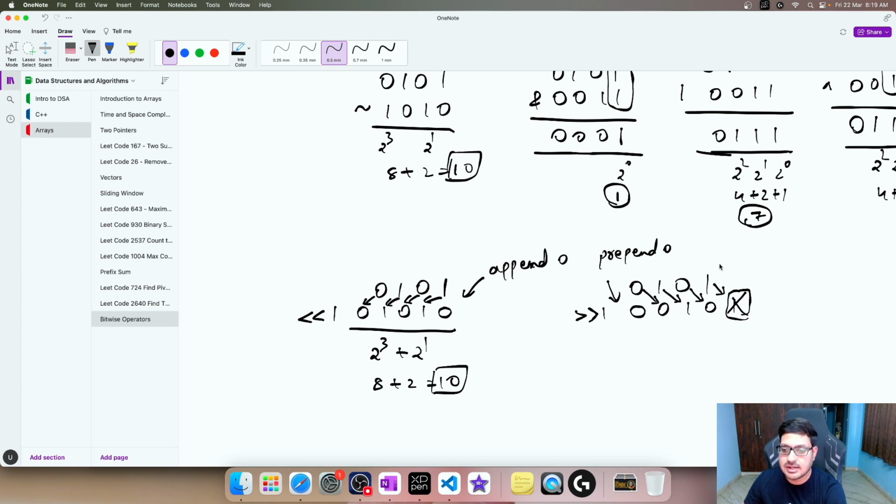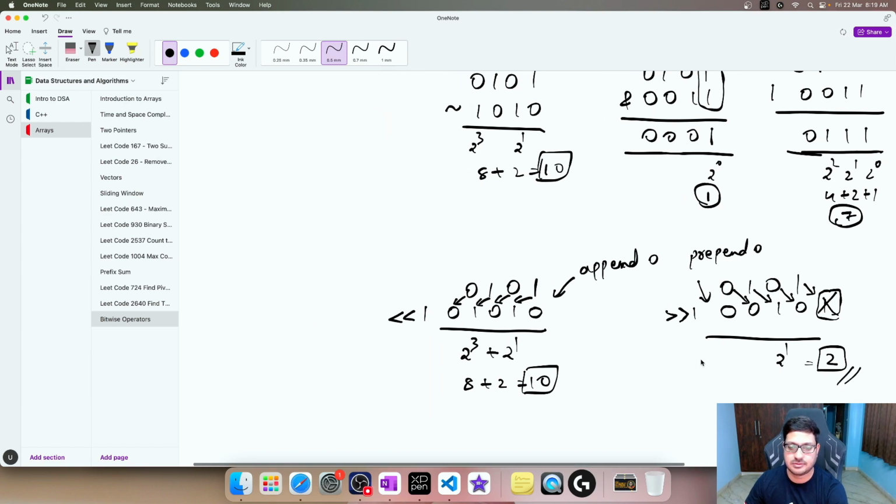So in this way, we have right shifted every element, and when we do right shift, the last bit is lost. Okay, that's how we do right shift. So what will be the resulting number? This is simply 2 to the power 1, that is 2. Okay, so the right shift of 1 for the number 5 is 2. So that is right shift.